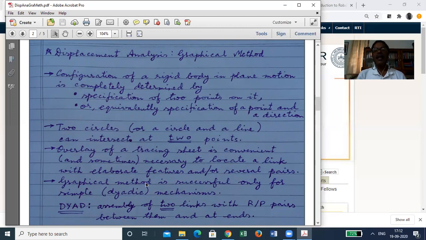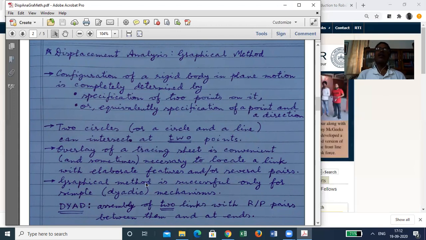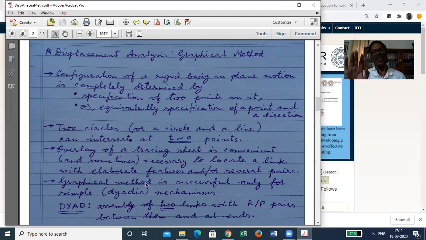So at a stage, I got a little confused because I found that we could happily solve kinematics problems, displacement analysis problems of five-link loop mechanisms with graphical methods, and then somebody is telling that you can do it only for those mechanisms in which you can identify at least one four-link loop.